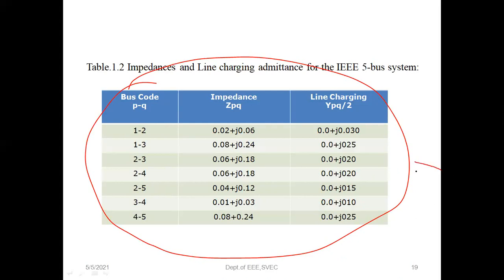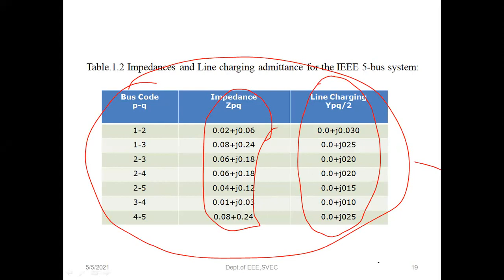What is this? Can anybody tell? Is this the series impedance of the line? Yes, sir. Is this the half line charging admittance of the line? Do you agree? Yes, sir.